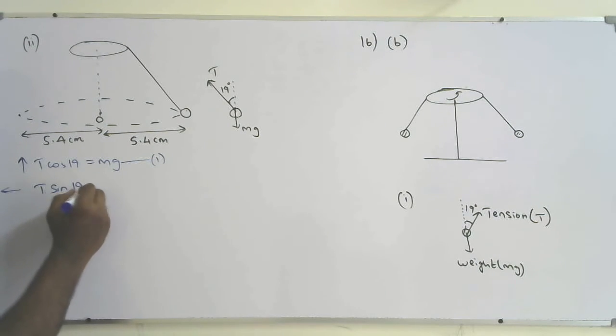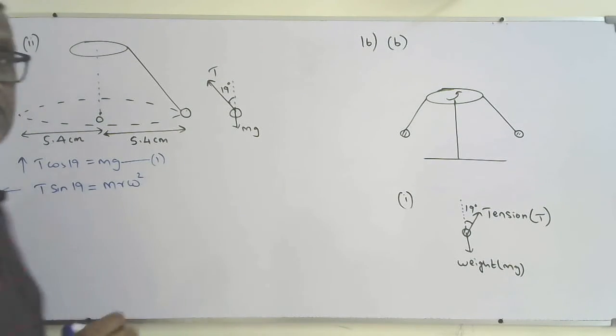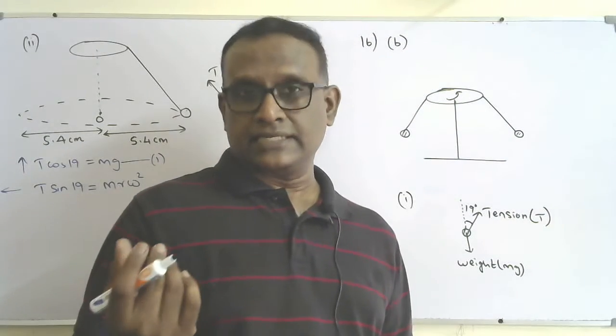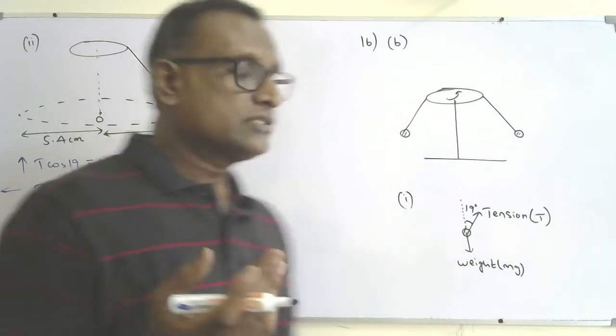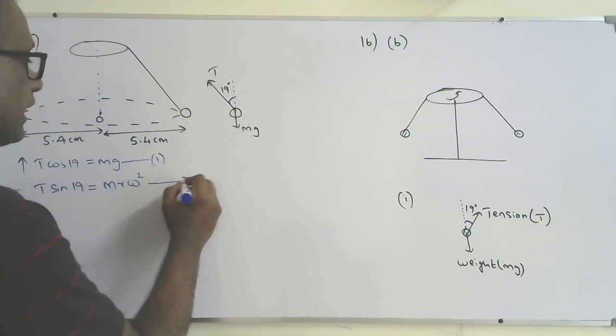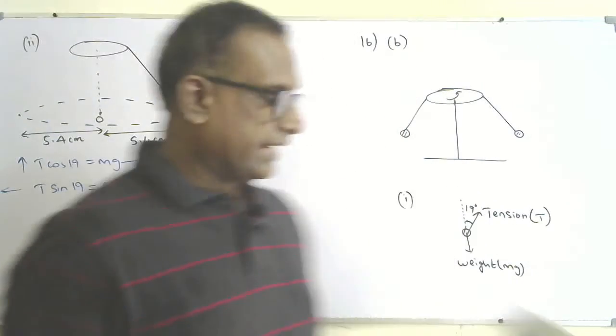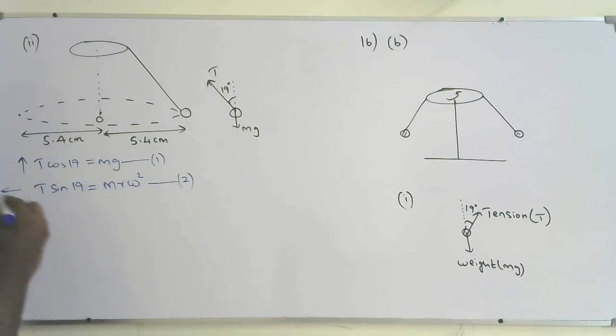So T sine 19 equals m r omega squared. You know m v squared over r, or m r omega squared, is the centripetal force. I use m r omega squared because I want to find omega, and from that omega I am going to find the time period. Here I can divide the second equation by the first equation.